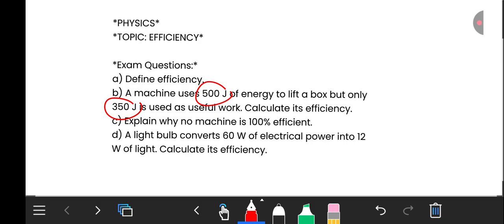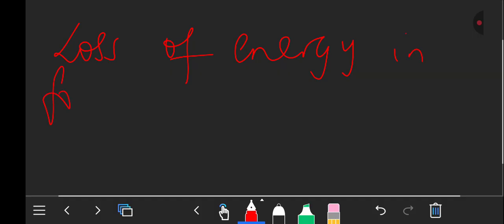Explain why no machine is 100% efficient. This is due to loss of energy in form of friction. Friction is just the resistance or the opposition to the motion of an object.